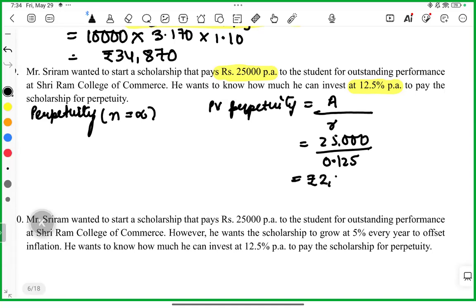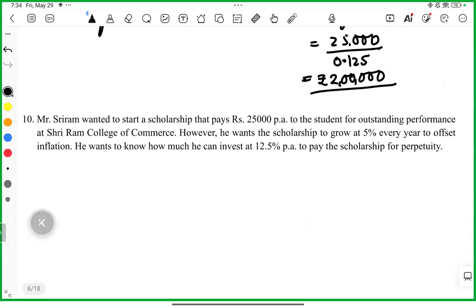This comes out to be rupees 2 lakh. This means Mr. Sriram has to make a fund of rupees 2 lakh and invest it at a place where he gets 12.5% interest. And from 12.5% interest, he can pay a scholarship of 25,000 rupees every year.